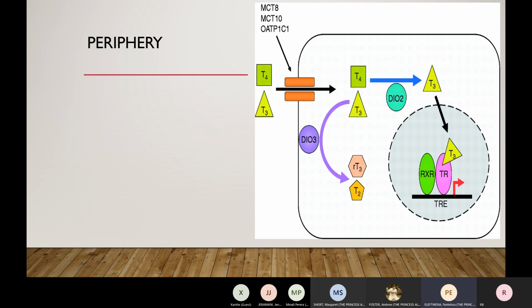And again, there is a very fine regulation of activation versus deactivation, with different iodinase enzymes acting depending on which peripheral tissue is receiving the T4. The activated T3 then crosses the nuclear membrane and binds to thyroid hormone receptors bound directly onto the nucleic acid.